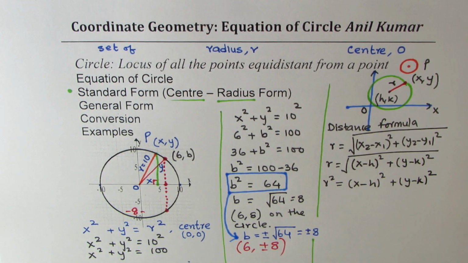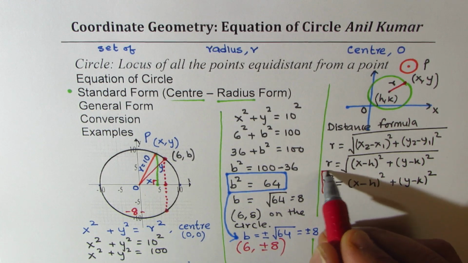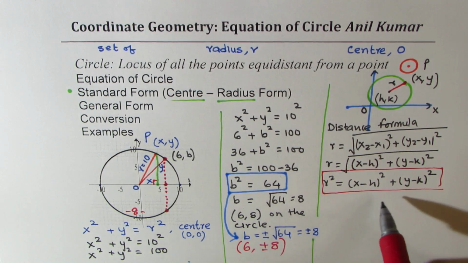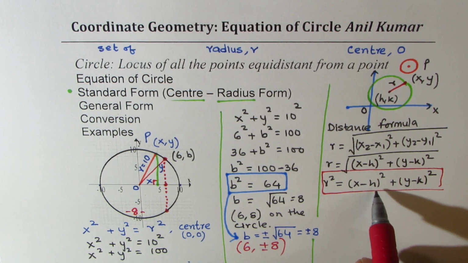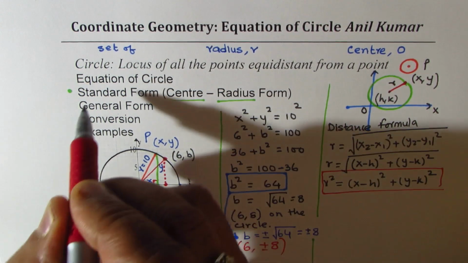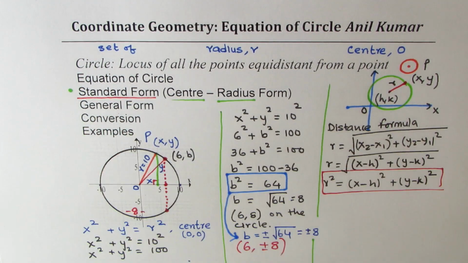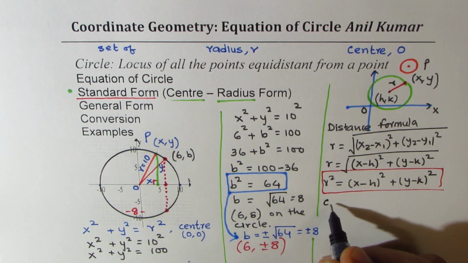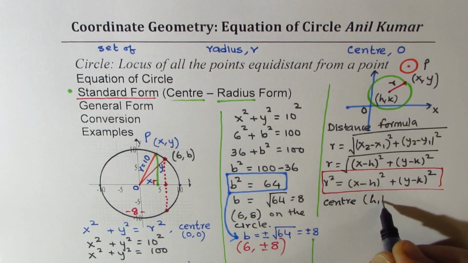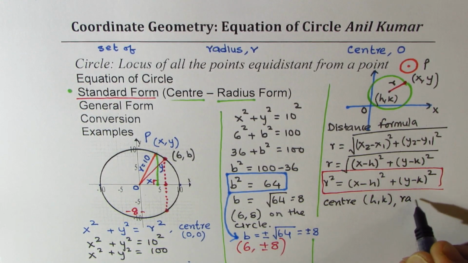Now this equation is called the equation of a circle in standard form. Clearly we know what the center is. Center is h, k, right? And the radius is r. So that is the standard form of the equation for a circle. Now from here, we know that the center is h, k with radius r.